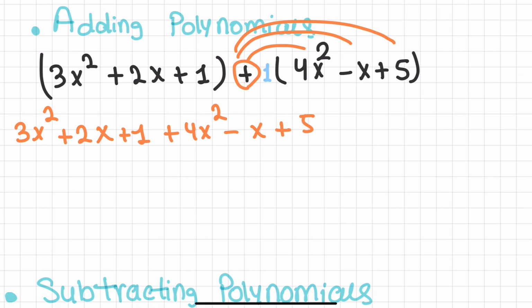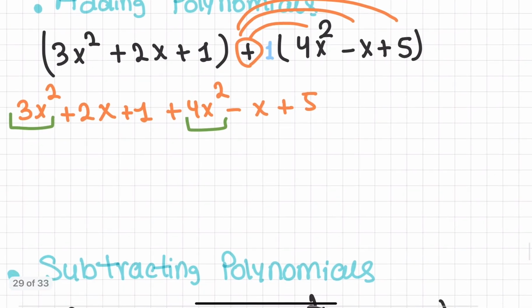To find the answer, you need to group them. So group the same variables. Here I have 3x squared. You need to find something with x squared in the whole thing here. So this is 3x squared plus, because I have plus here, 4x squared is 7x squared.